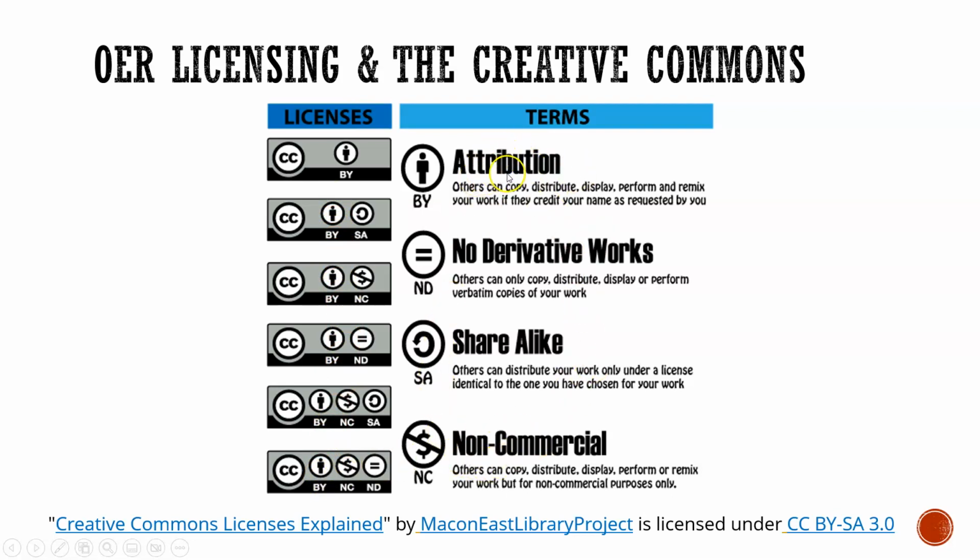So we have the attribution element, the no derivative works element, the share alike element, and the non-commercial element here. And all these different elements make up the 6 licenses we have here, and there are various different combinations and derivations there.